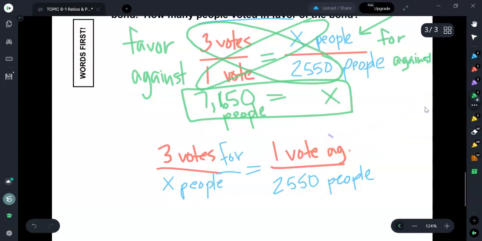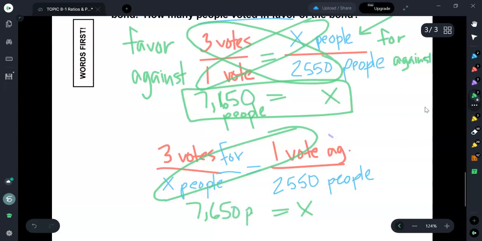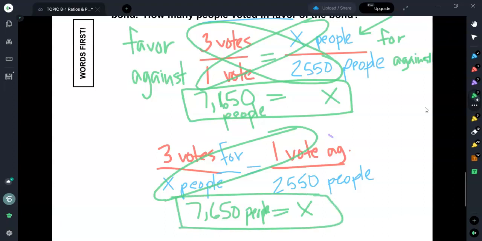When you solve it, X times 1 will be X, and 3 times 2,550 will be the 7,650 people. Same answer. Okay? So that's how you solve word problems with proportions. That'll give you a little bit of an example on how you solve different kinds.